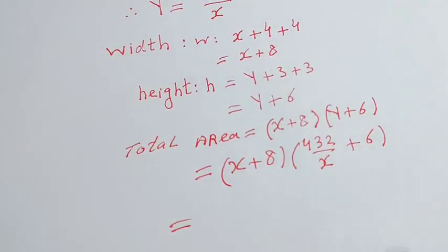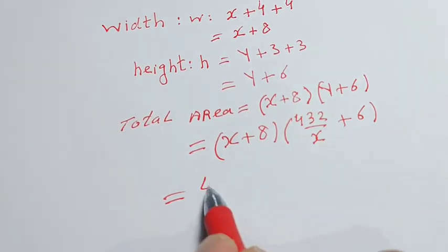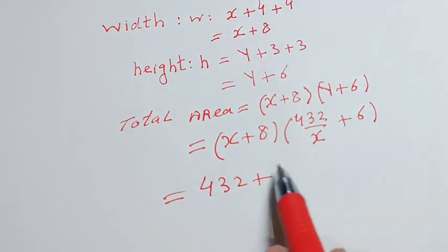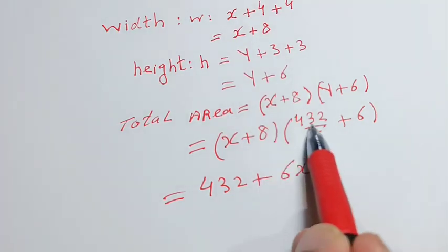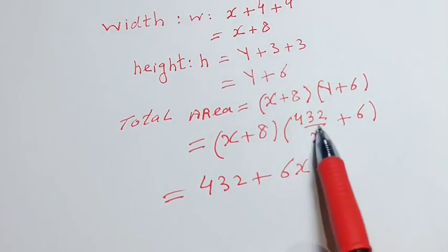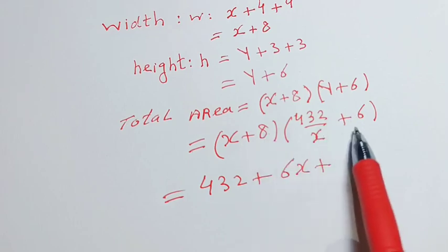We multiply x times 432 over x, and the x's cancel, leaving only 432. Now x multiplied by 6 is 6x, plus 8 multiplied by 432, and so on.